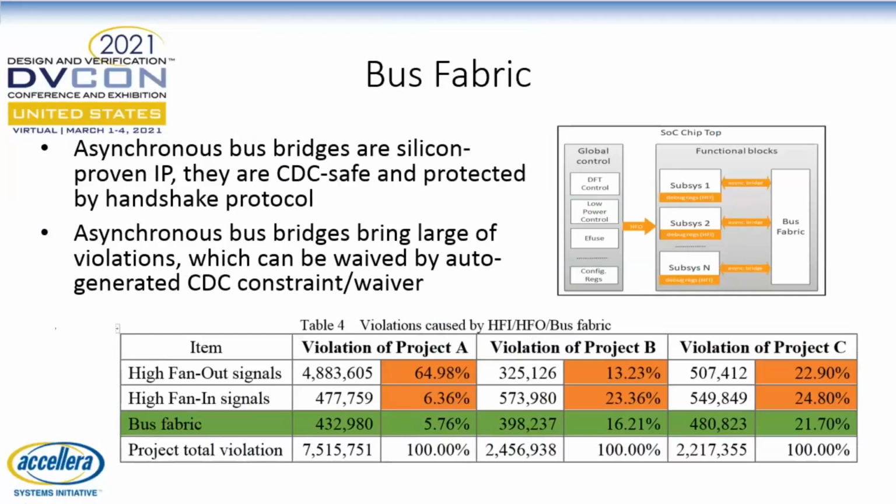The infra bus design is generated by an EDA tool. Meanwhile, the EDA tool can generate the CDC design spec for the bus fabric to describe its CDC strategy. We import the CDC design spec to automatically remove these violations.